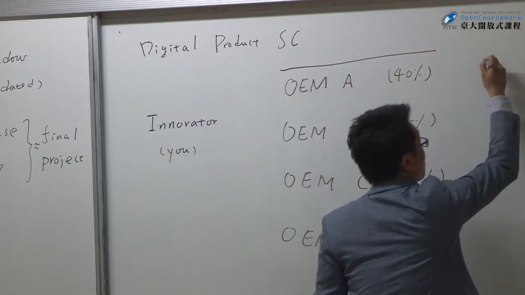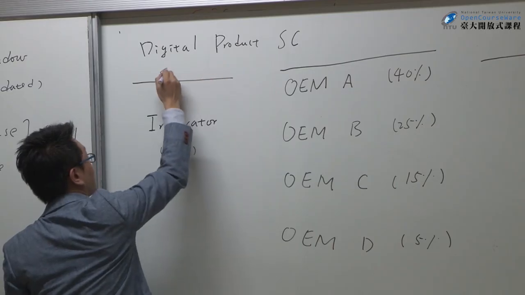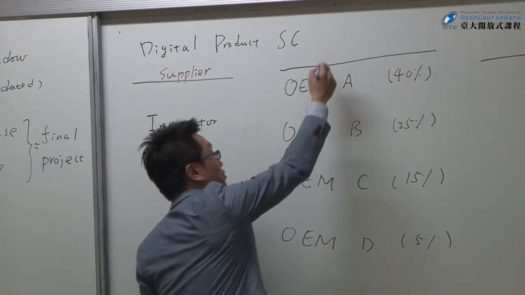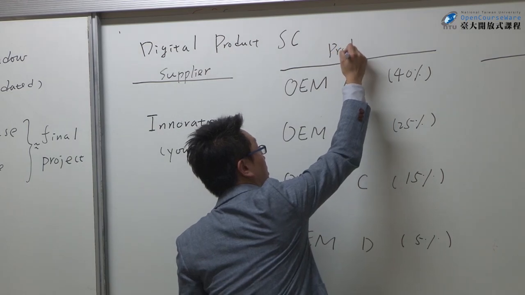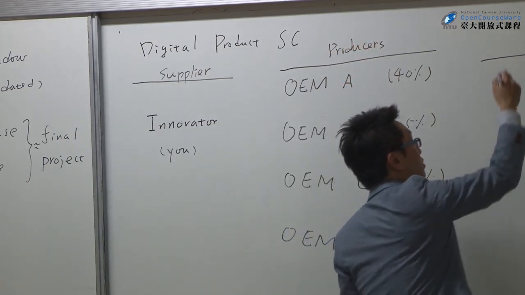So we can say this is a three-tier supply chain. We have suppliers, we have producers in the second stage, and we have a lot of retailers.